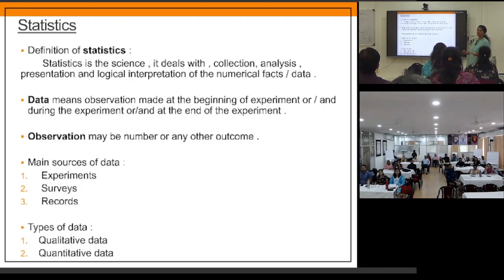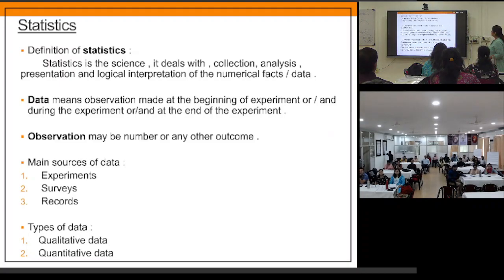An observation may be a number or any output, any blood pressure reading, or it can be diabetic, non-diabetic, cured, not cured, anything, any observation. As already covered, the main sources of data can be experiments, surveys, records, previous records, secondary data, etc. So mainly the types of data are qualitative and quantitative, we will come to this.